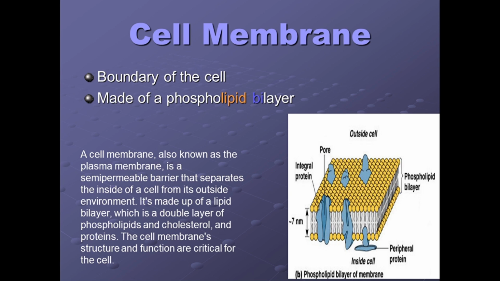It is made up of a lipid bilayer, which is a double layer of phospholipids and cholesterol, as well as proteins. The cell membrane's structure and function are critical for the cell.